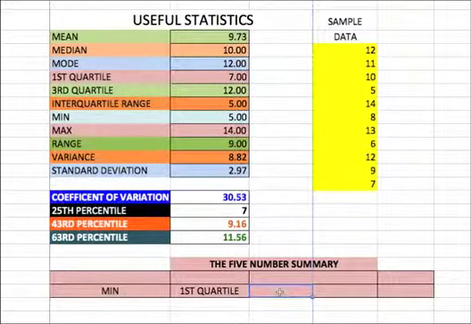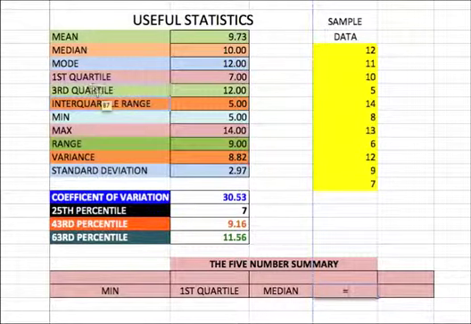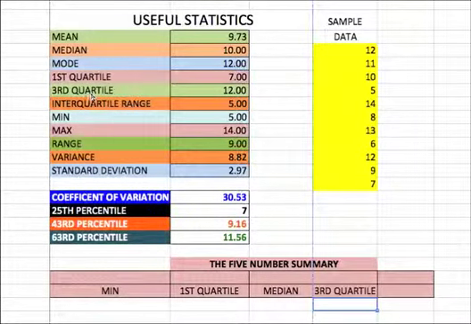Following that would be the median, and the median could also be called the second quartile. Then your third quartile, and then lastly the maximum number in the list.